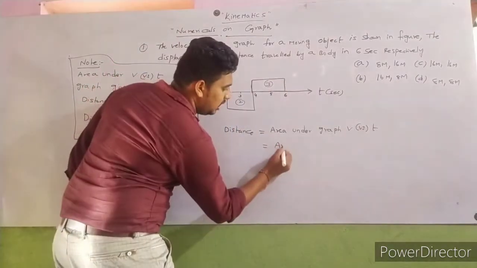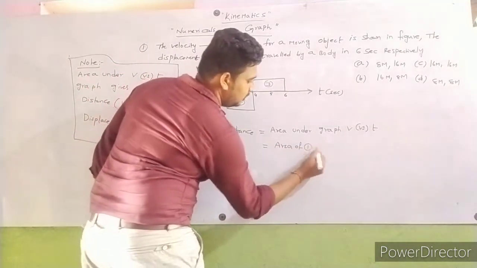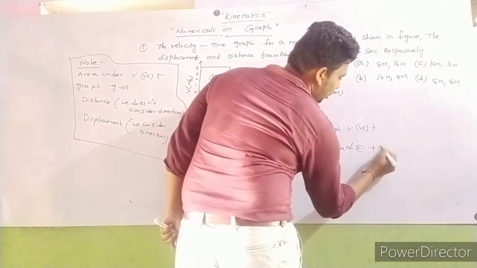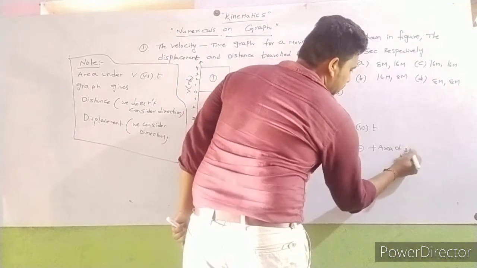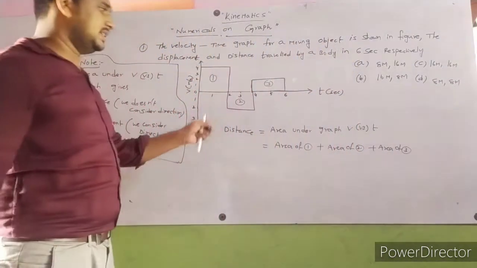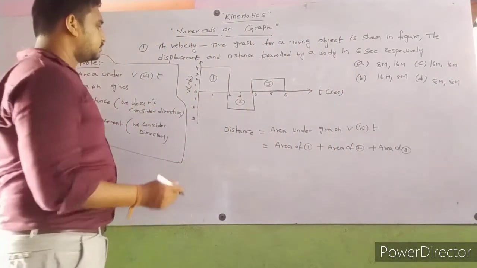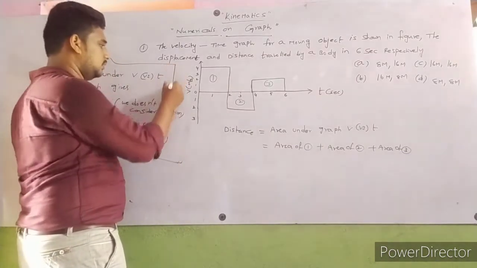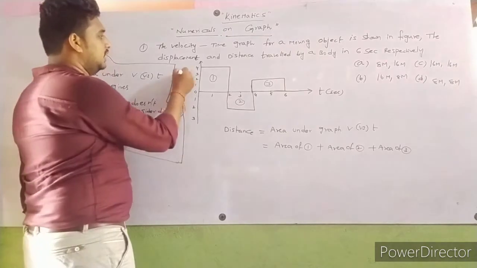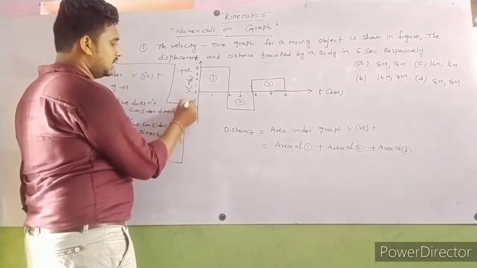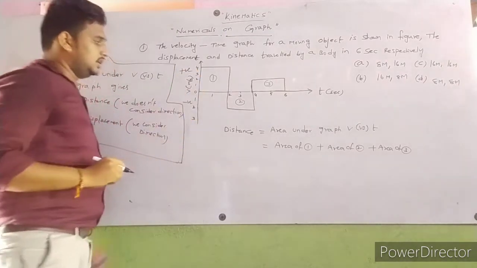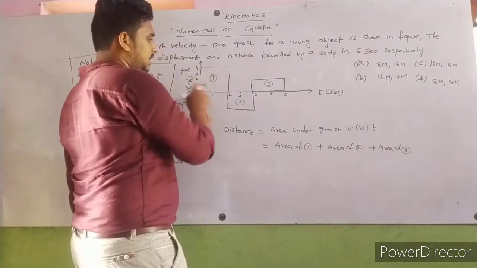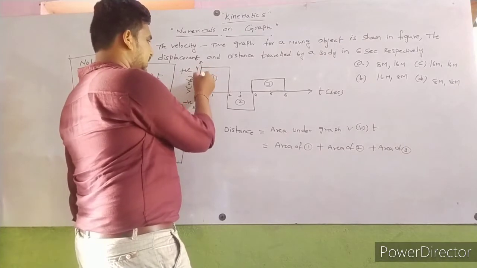So area of 1 plus area of 2 plus area of 3 gives distance. Here we don't consider directions. Observe carefully, these are positive values, these are negative values, this is 0, and these are negative values. The area under the graph is nothing but a rectangle shape.